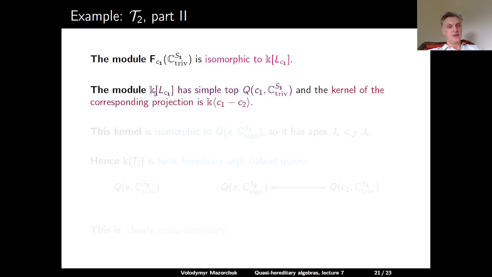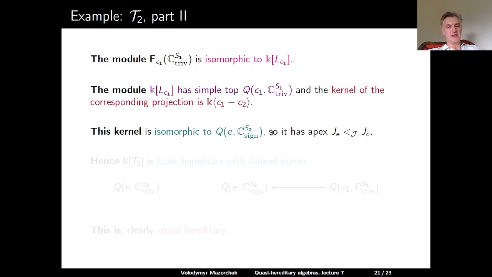This cell module K L_{c_1} has simple top, which is Q_{c_1}, and then the trivial module for S_1. And the kernel of the corresponding projection is generated by the element c_1 minus c_2. Because of this minus, this element generates the sign representation of S_2, which means that this kernel is isomorphic to the module Q_e.